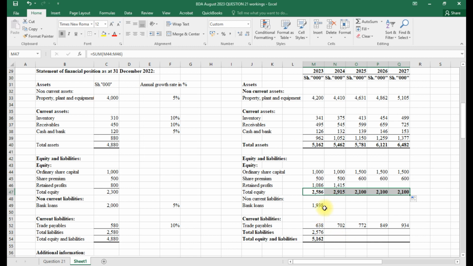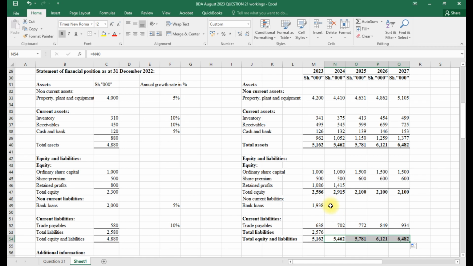Then the balancing figure here, the value here will be this value. Yeah, so already it has picked these values that we had here.